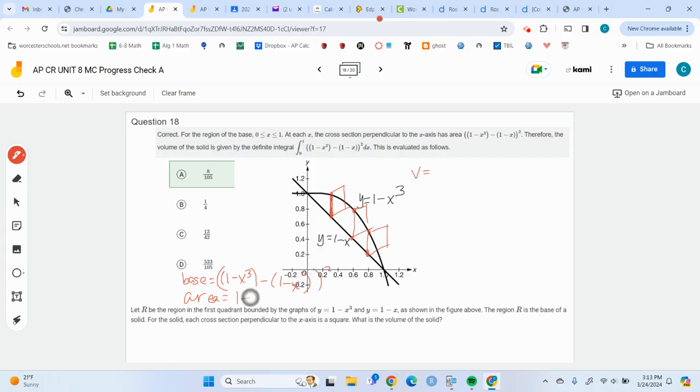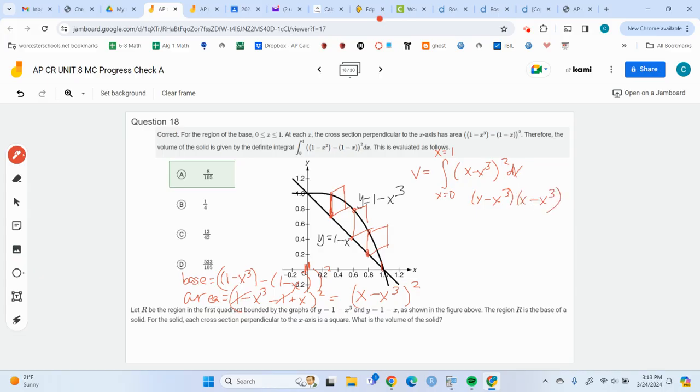So I'm going to simplify this: 1 minus x cubed minus 1 plus x. 1 minus 1 cancels, so I get x minus x cubed, the positive thing first, squared. Then that is the area. So all I'm going to do here is an integral, adding up a bunch of these areas: x minus x cubed squared dx. Because this is all in terms of x, I need to go from an x value to an x value. So my squares start at 0 and end at 1.